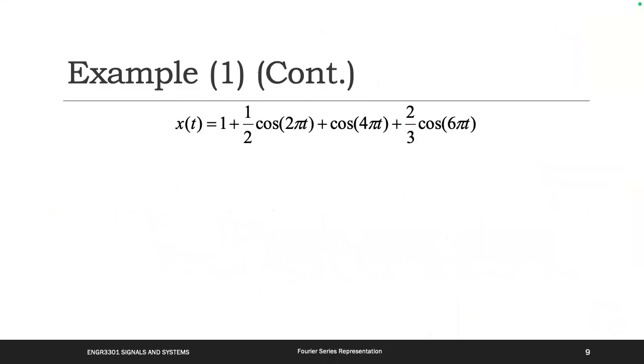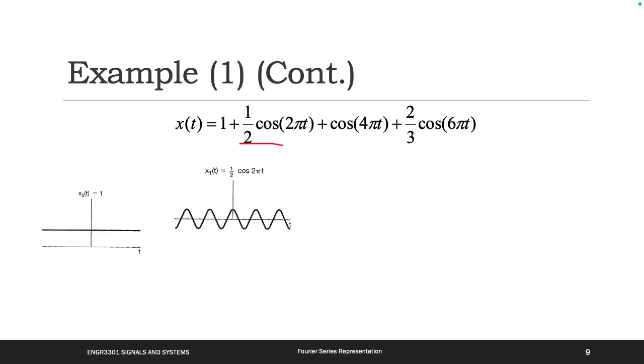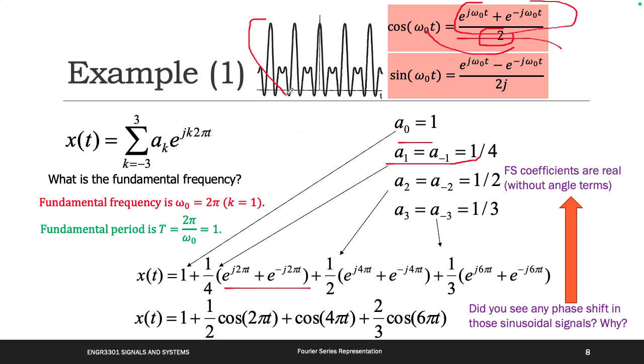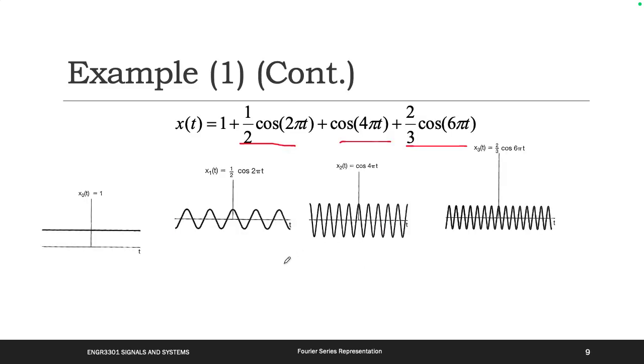Okay, let's continue to observe this one. This is the signal x(t) for this part, and this is the signal for this part, and this is the signal for this part. This is the original one. I just want to show you: the first part and the second part, if you add them together, what will happen?